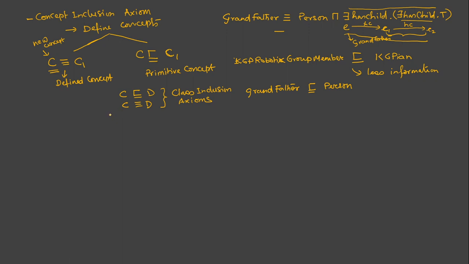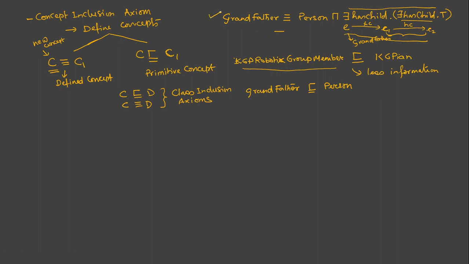These are very simple class inclusion axioms, but they can also be applied in a generic sense. For example, this particular statement is not involving any complex expression. These are all atomic classes. So that's why this kind of class inclusion axiom belongs to the simple class inclusion axiom class, right?